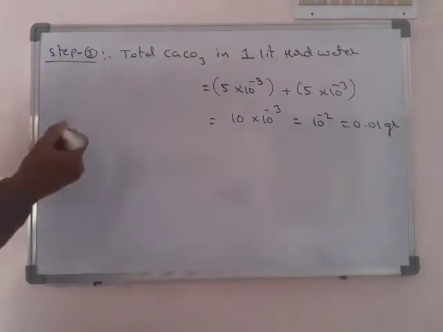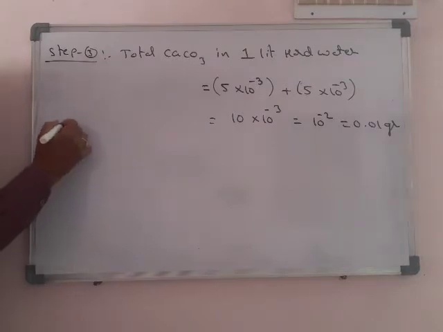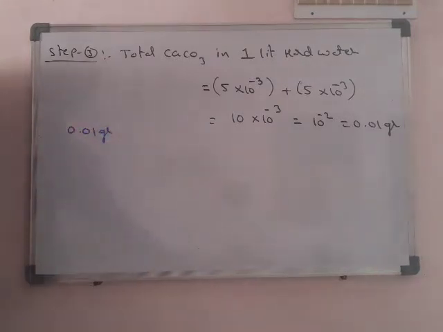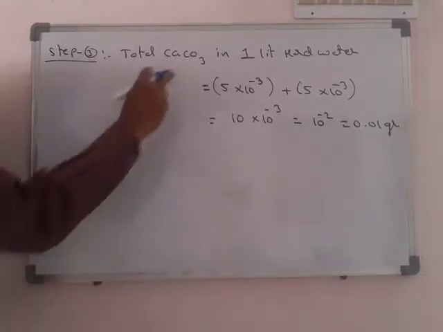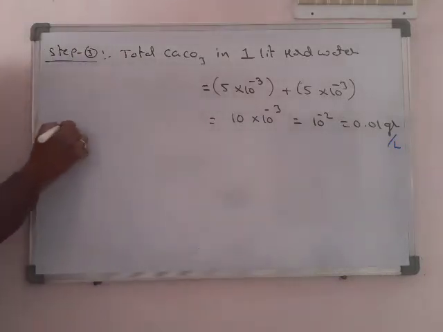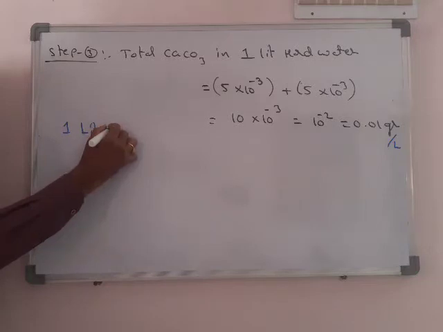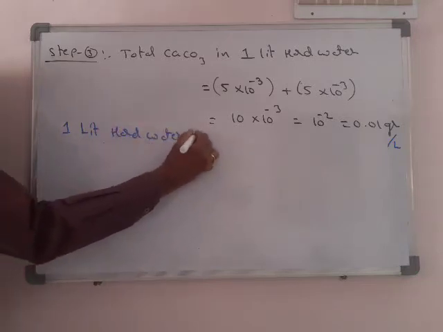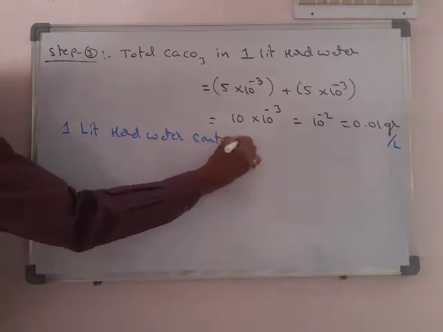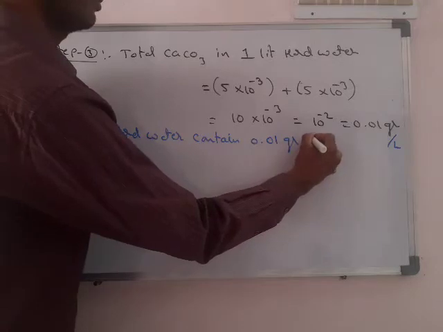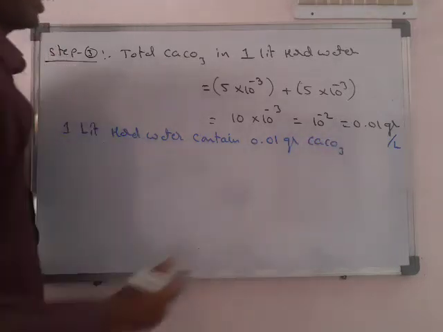Okay, so therefore hardness 0.01 gram. So 0.01 gram is in how much? It's 1 liter. So per liter means 1 liter hard water contains 0.01 gram calcium carbonate.